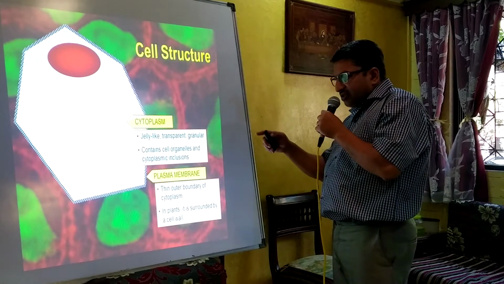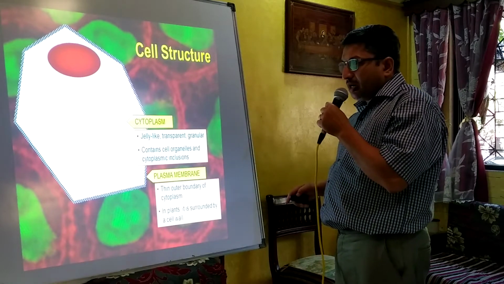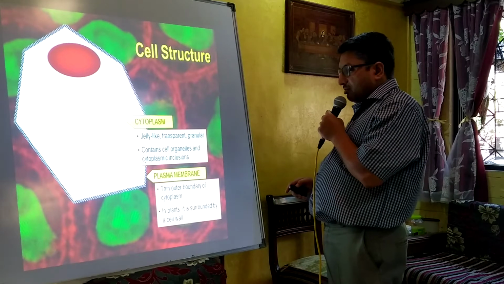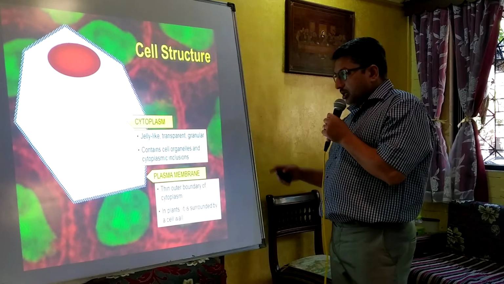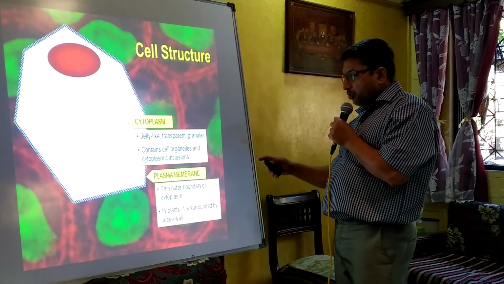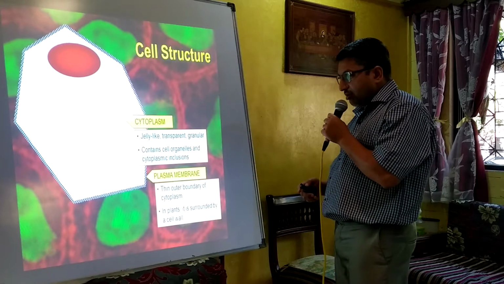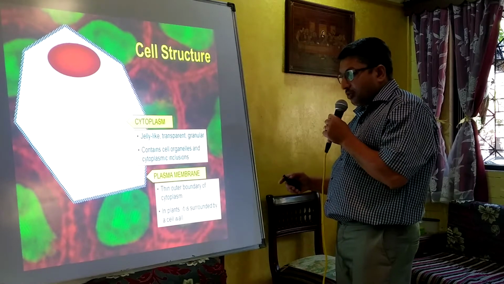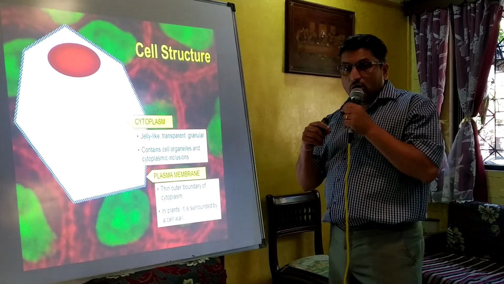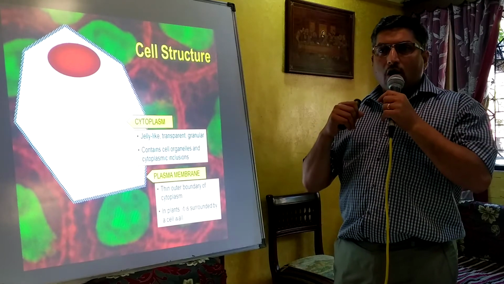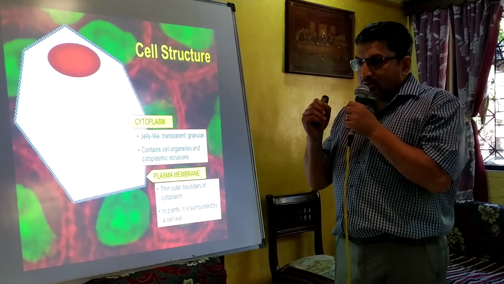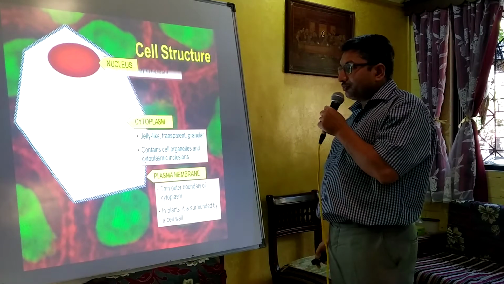On the outer surface of the cytoplasm, it is bounded by a membrane called the plasma membrane, the thin outer boundary of cytoplasm. In plants, it is surrounded by an additional wall which gives it form and rigidity, and this is known as the cell wall.